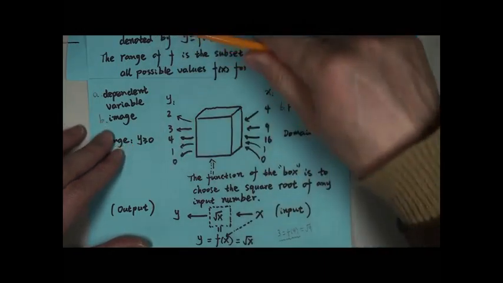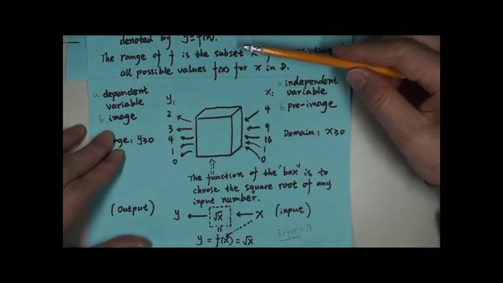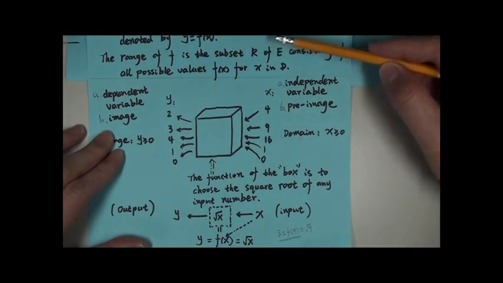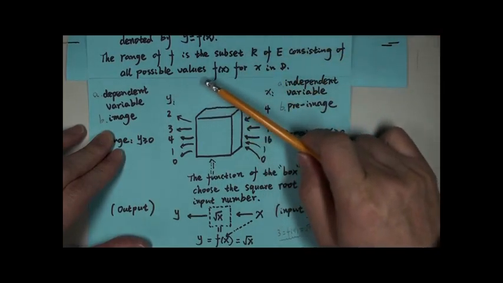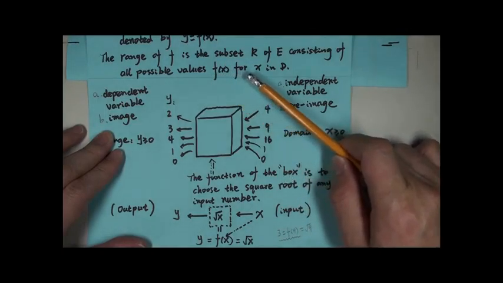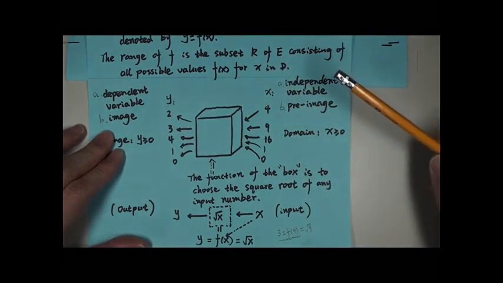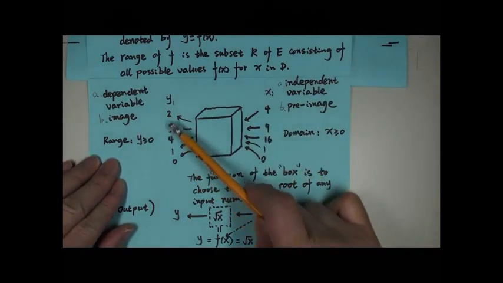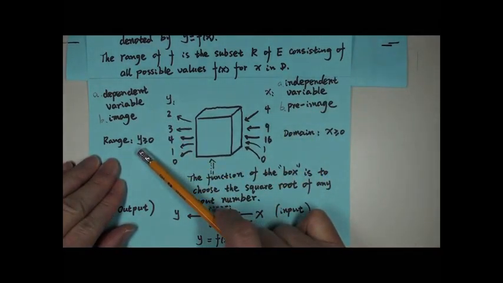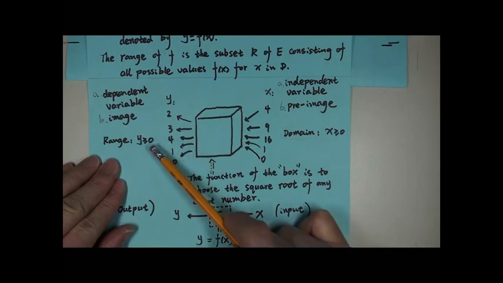And then the range of f is the subset R of E consisting of all the possible values of f of x for x in D. So again, in this case, the range is greater than or equal to 0.